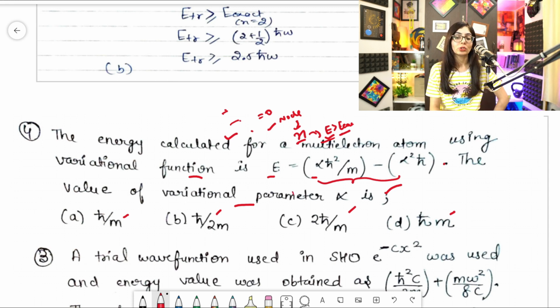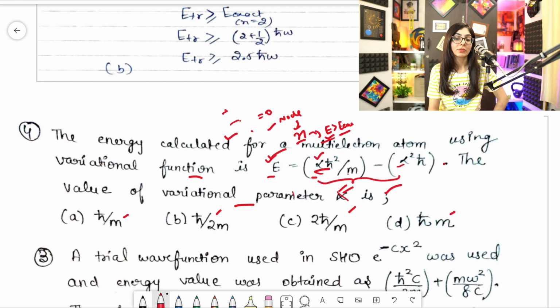For that I told you that alpha, beta, gamma can be variational parameters, and your energy can be in terms of alpha or beta. If your energy comes like that, and the value of that variational parameter is asked, I told you one condition: take the first derivative of energy with respect to the variational parameter and put it equal to 0.